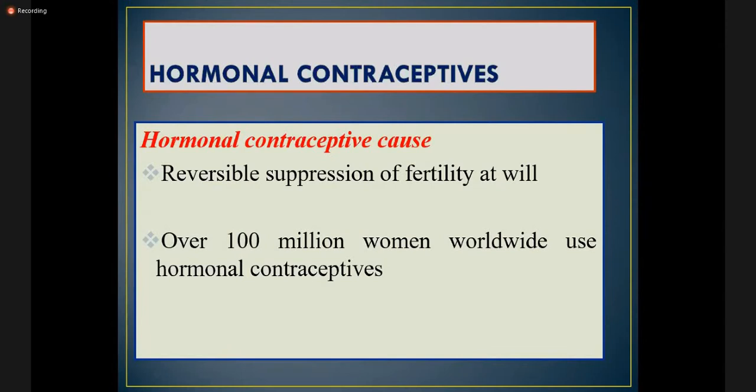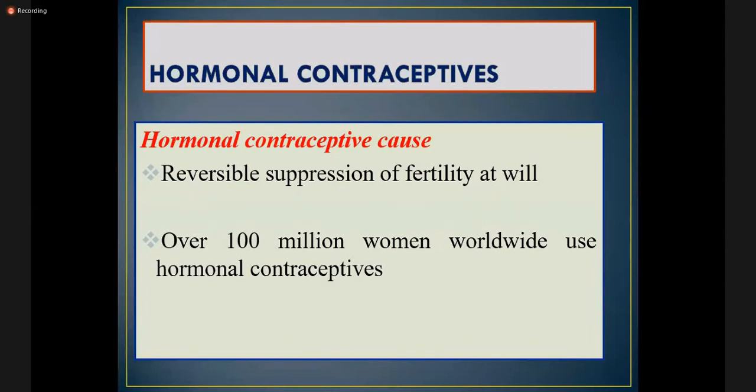This is important, because some drugs produce their activity irreversibly or permanently, but during the period when we are taking these preparations, we suppress the process of ovulation and fertility, but it is reversible.